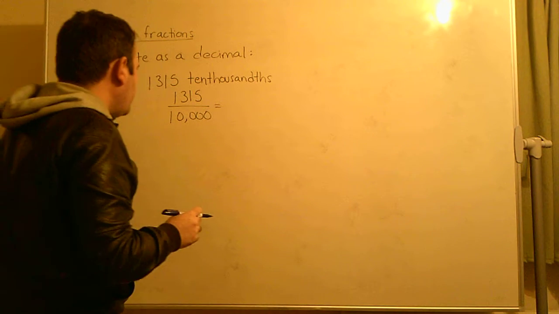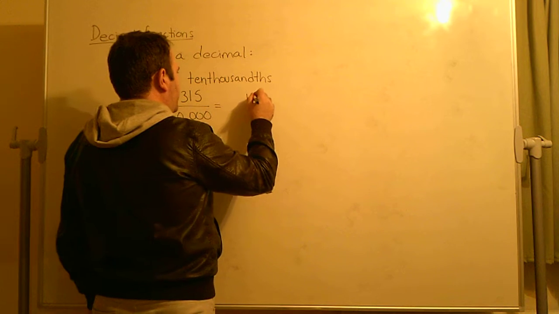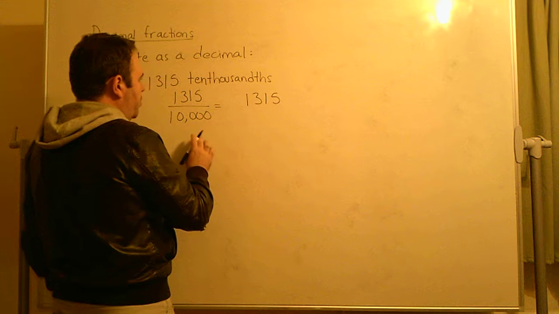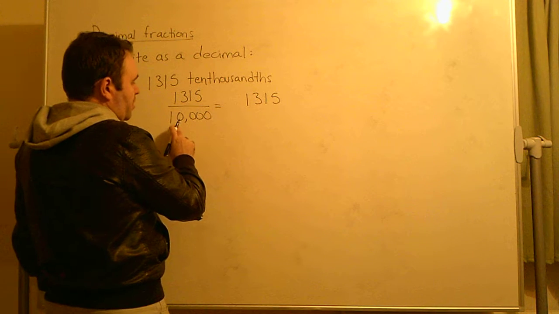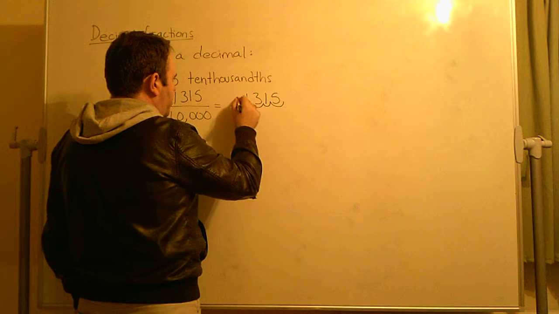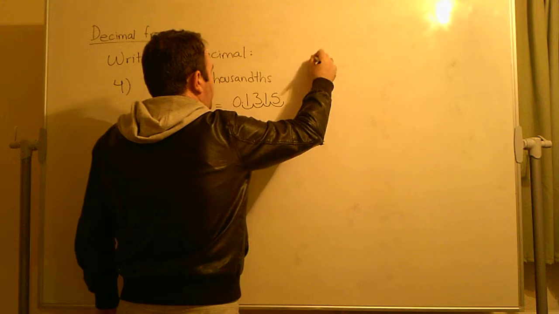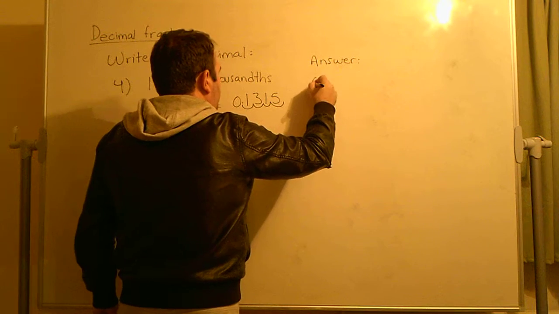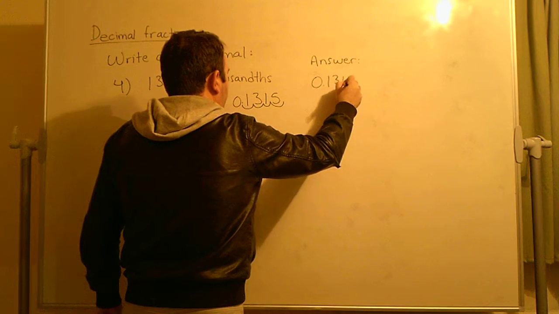We start as usual, we write down 1,315, and then we need to move the decimal point how many places? How many zeros do we have? 4. So 1, 2, 3, 4. So the answer would be 0.1315.